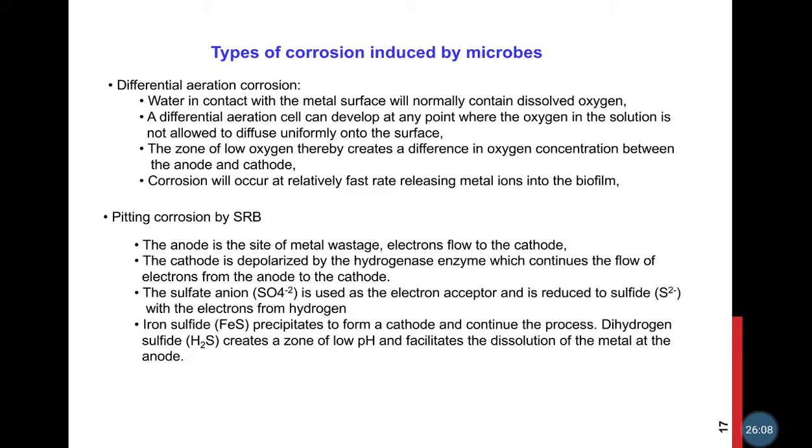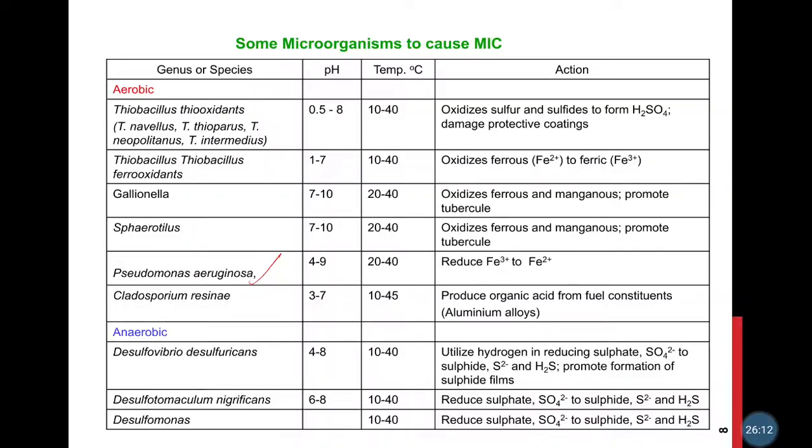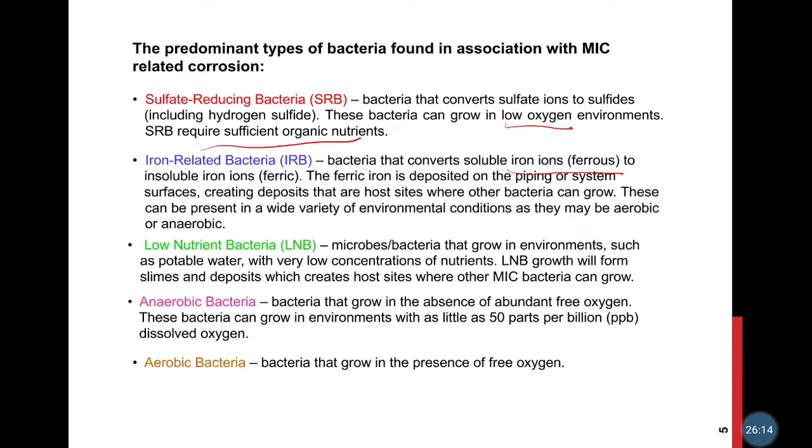Kemudian macam kita tengok tadi, ciri-ciri untuk SRB ialah, okey, dia akan hidup dalam keadaan low oxygen, macam dalam internal surface of the pipeline, and then dia ada sufficient organic nutrients kat situ.